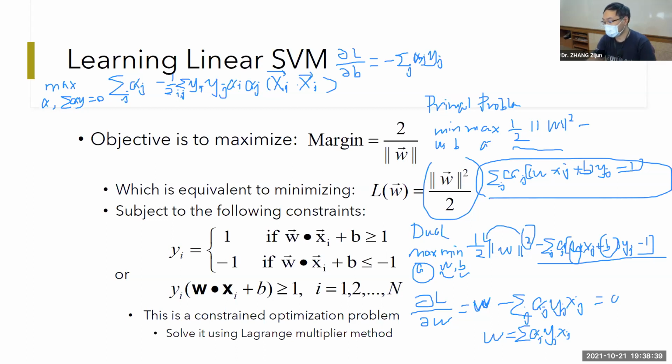Then we can solve for alpha directly. The calculation of B can be done once alpha is solved. So B will be equal to y minus W multiplied by x, based on this original formula.